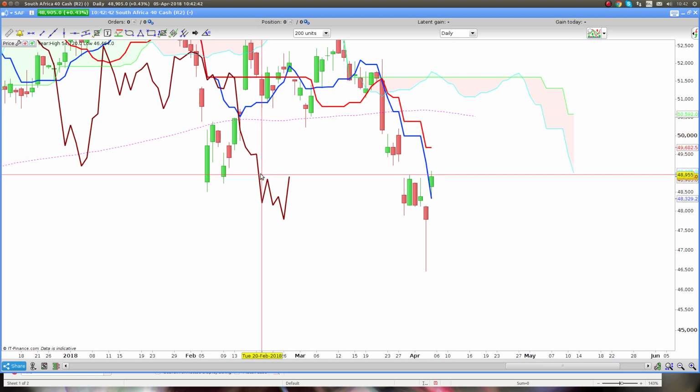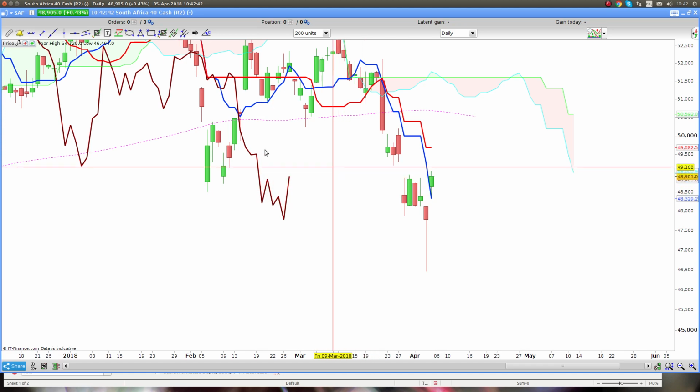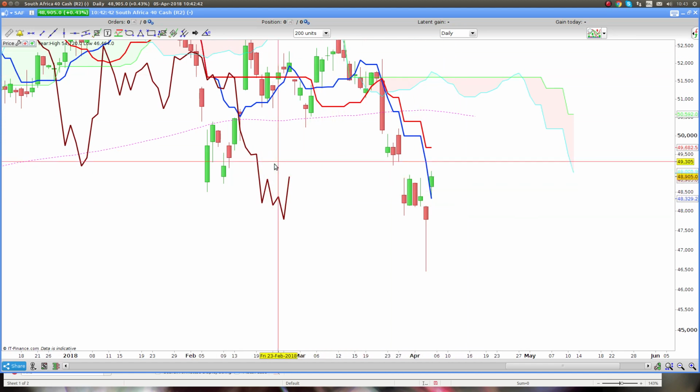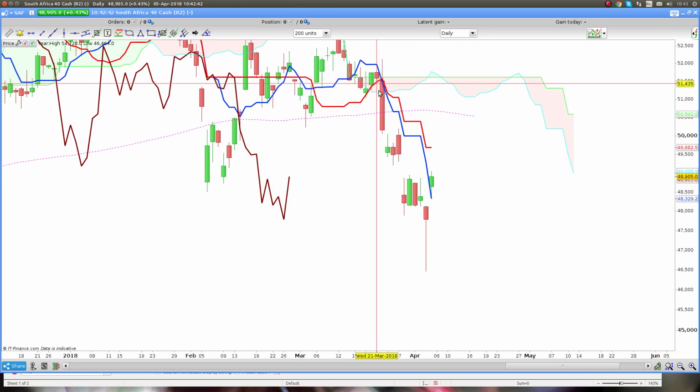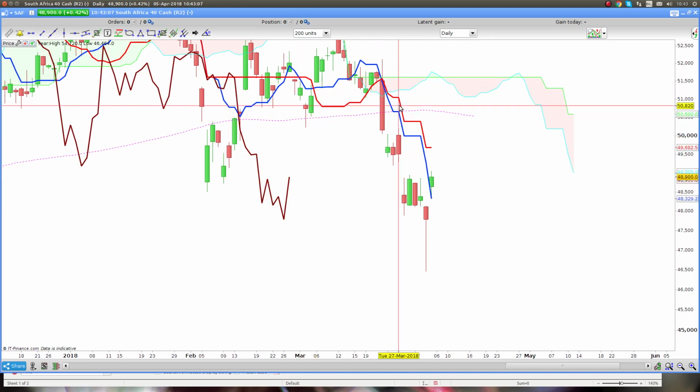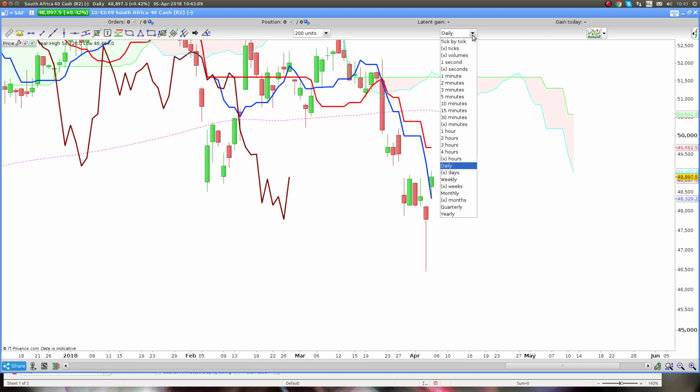You can see here we're not making price at the moment, but we are below. So this Chikou span is below price, below Kijun-sen, Tenkan-sen. But remember, this is lagging, and we're on the daily, so the lag is amplified quite dramatically.